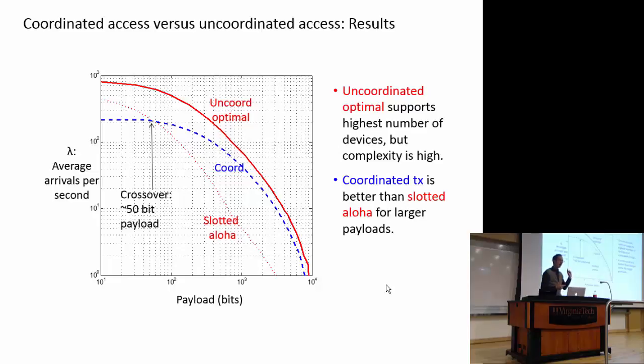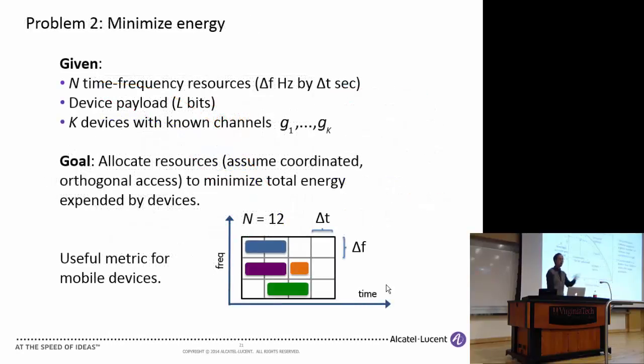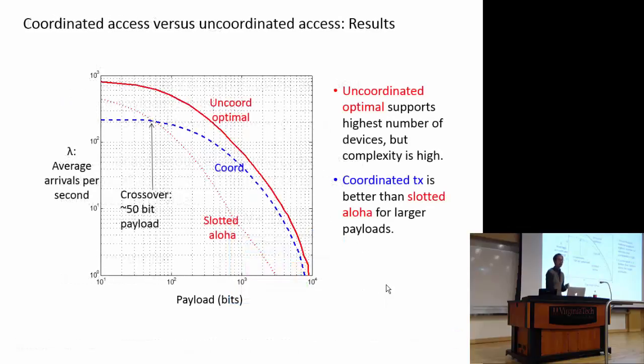How can you have a practical implementation of a random access technique that does nearly as well as the optimal, but whose complexity is significantly less? Okay. All right. So that's problem one about capacity maximization.